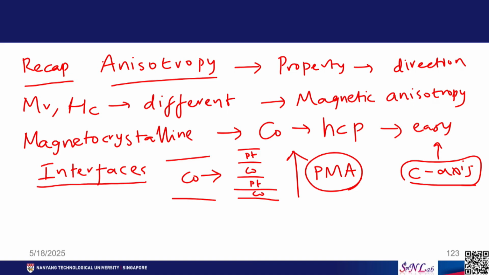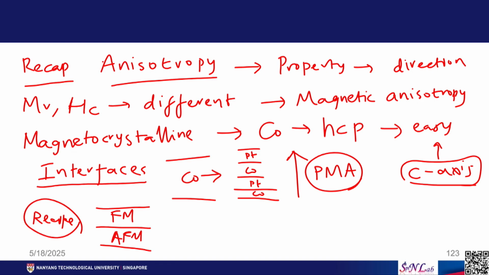The second type we learnt is that if you bring a ferromagnetic material in contact with an antiferromagnetic material and come up with some recipe, then after you make this film according to this recipe, you will notice that the hysteresis loop is shifted from the origin by a certain field value.